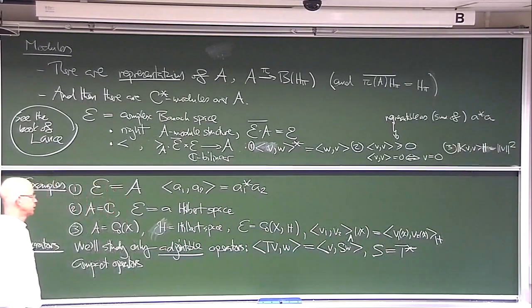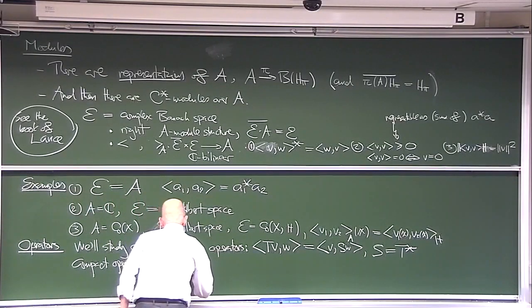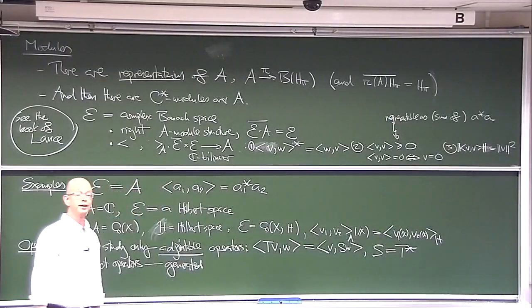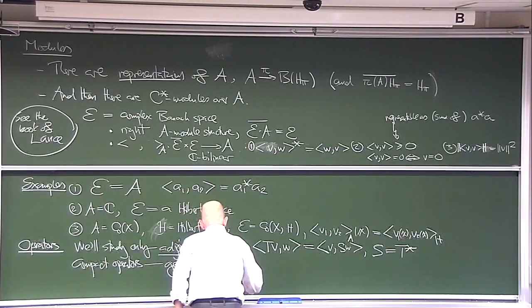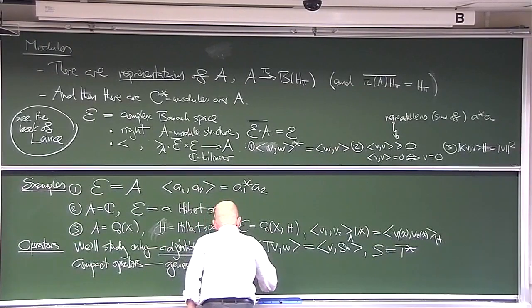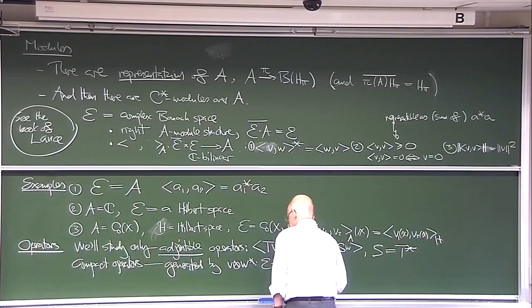And just like in the world of Hilbert spaces, the concept of compact operators is fundamental. The same is true here. So what is a compact operator in this context? Well, these are generated by operators of this form, just like we saw in the context of Hilbert space.